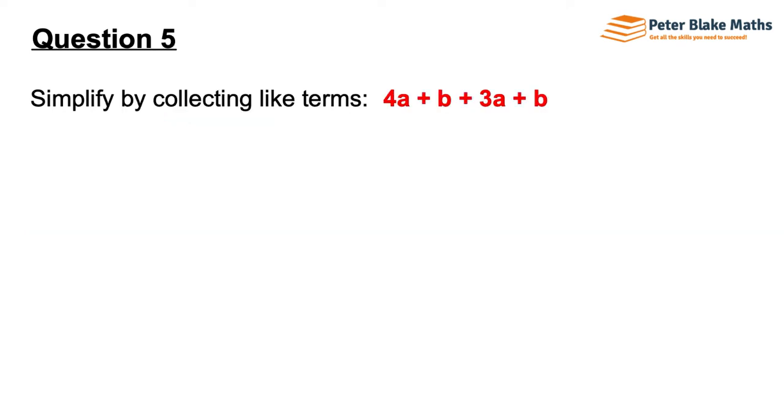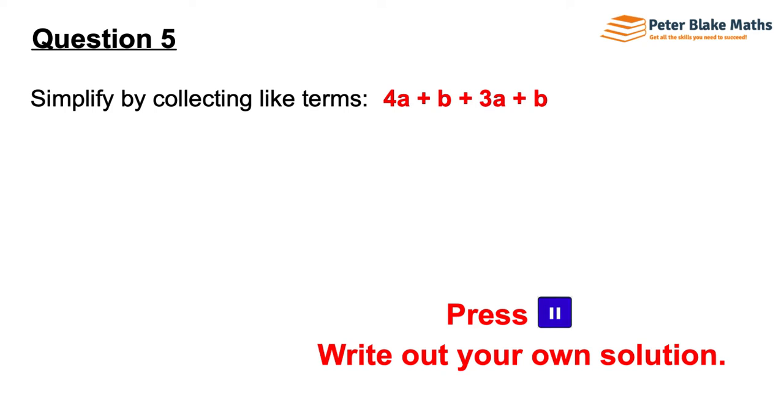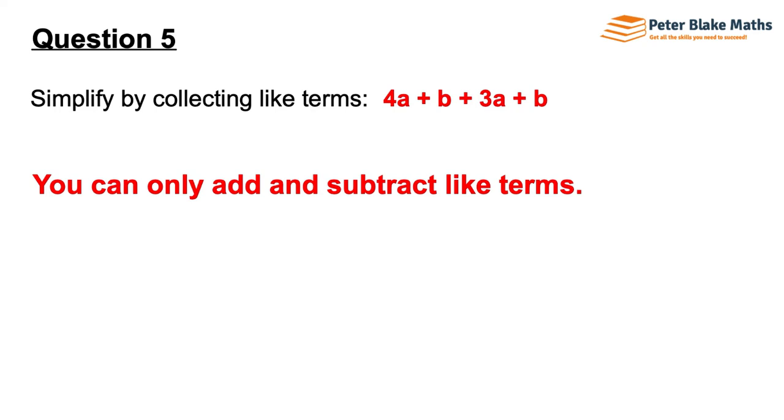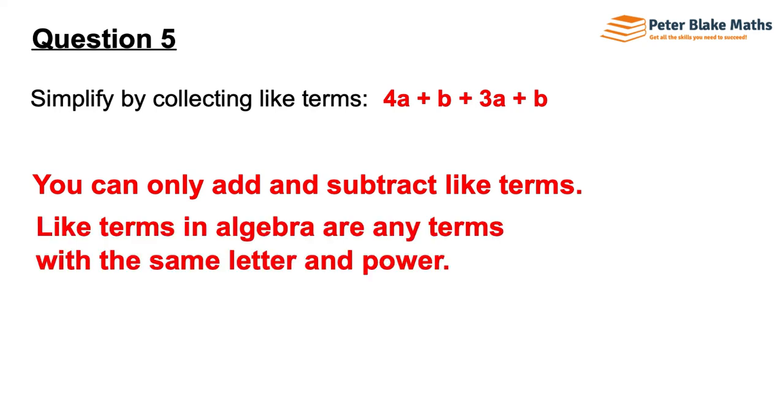Question 5. Simplify by collecting like terms 4a plus b plus 3a plus b. You can only add and subtract like terms. Like terms in algebra are any terms with the same letter and power.